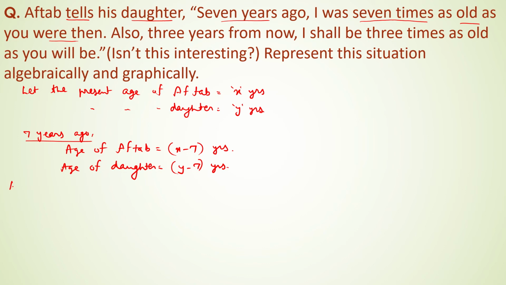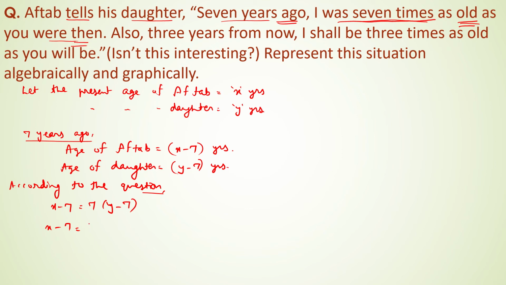So, according to the question, 7 years ago the age of Aftab is 7 times the age of the daughter at that time. So, this will be x minus 7 equals 7 times (y minus 7).